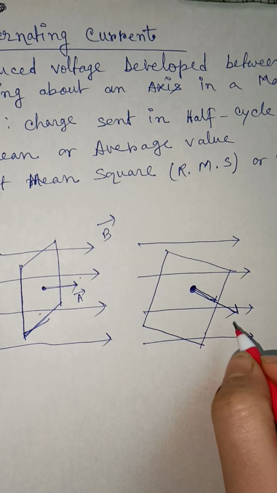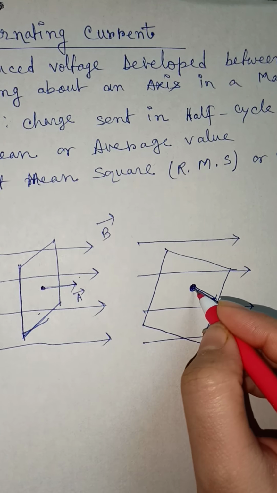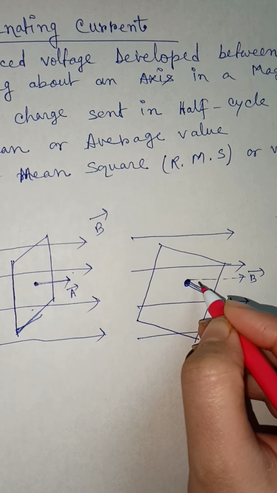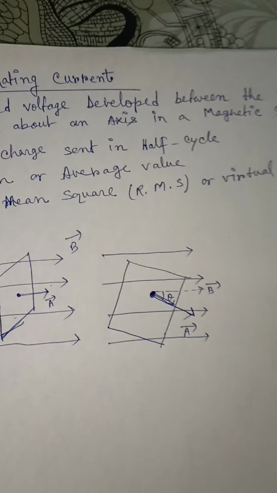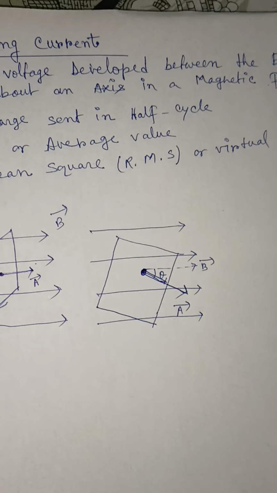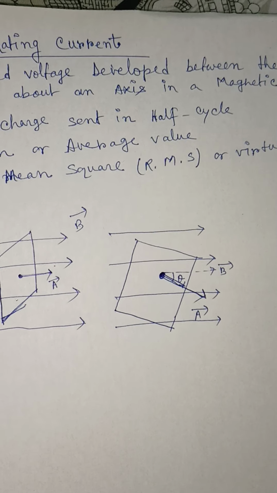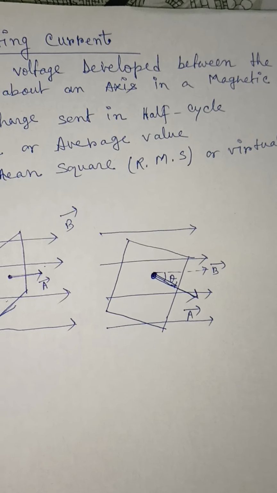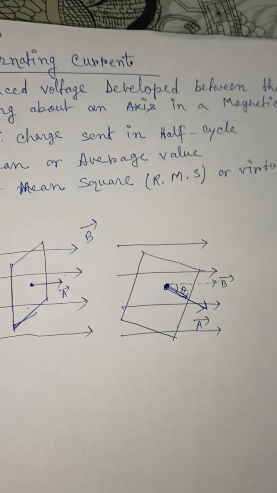This is area vector A, this is vector B, the magnetic field, and this is theta. So we assume that in the time t the area vector of this loop makes theta angle with the external magnetic field.